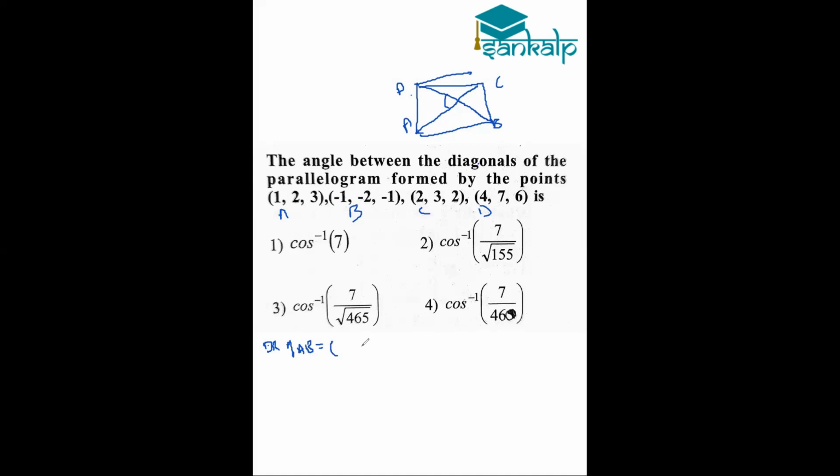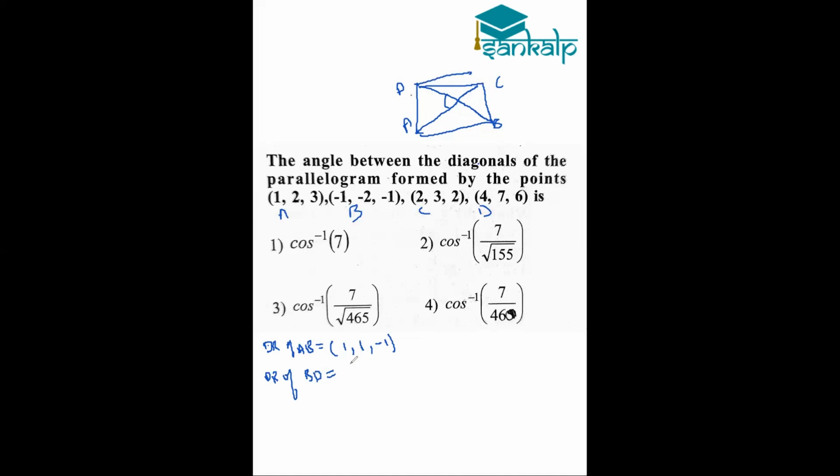It will be 2 minus 1, which is 1. Next, 3 minus 2, which is again 1, and 2 minus 3, which is minus 1. Similarly, on simplifying further, we can get the direction ratios of BD, subtracting B minus D.